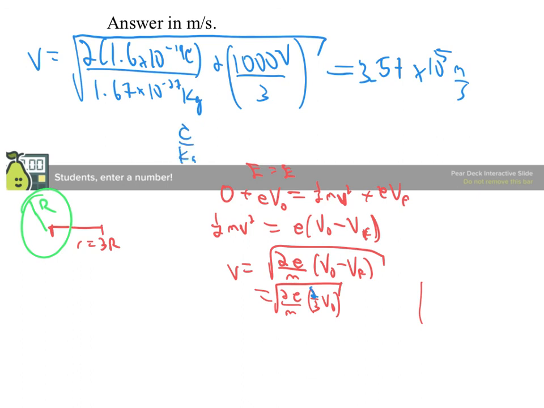Coulombs per kilogram times joules per coulomb, square rooted. A joule per kilogram is, well, a joule was kilogram meter squared per second squared, per kilogram. Hey, look, meters per second, yay. So 3.57 times 10 to the 5th meters per second.